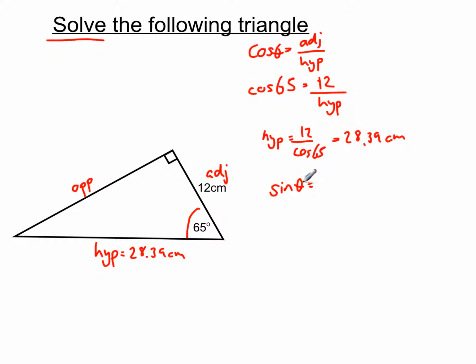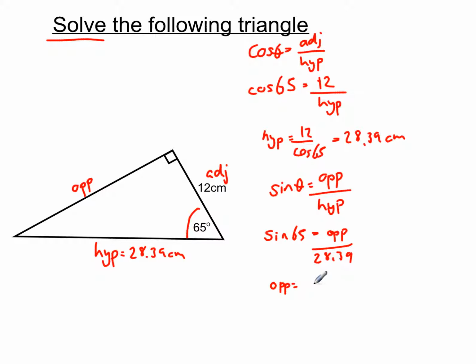Sine of the theta, 65, is going to equal the opposite side over the hypotenuse. So now I can sub in my values. Sine of 65 is equal to opposite, our unknown, over the hypotenuse we just found, 28.39.